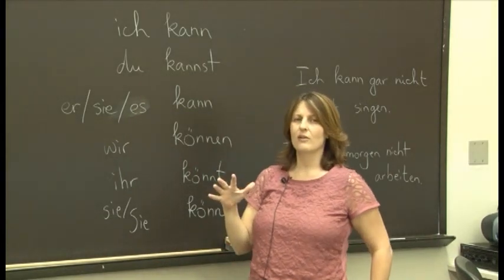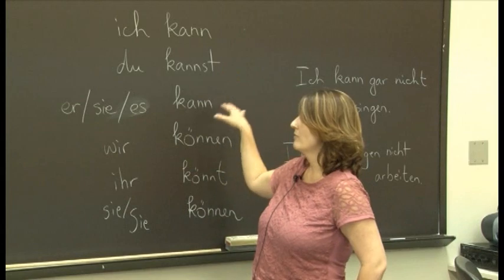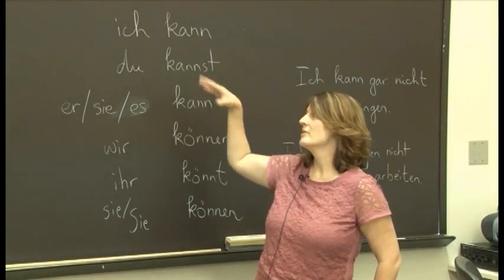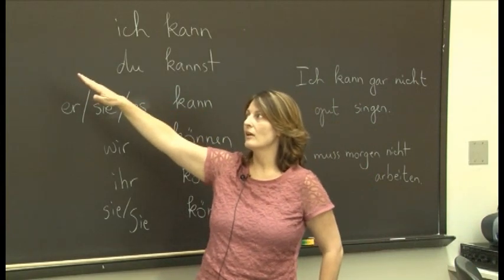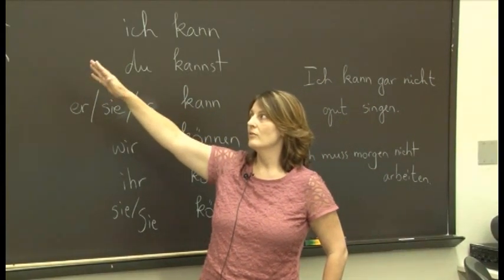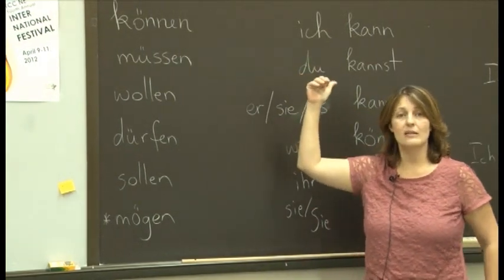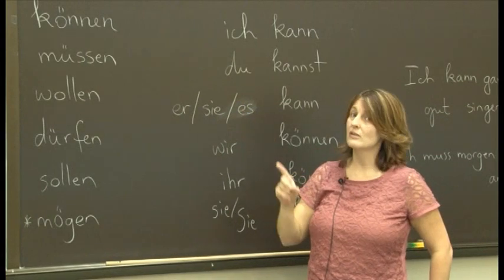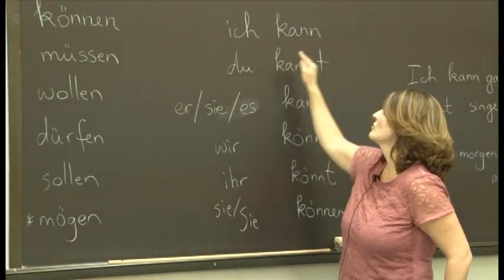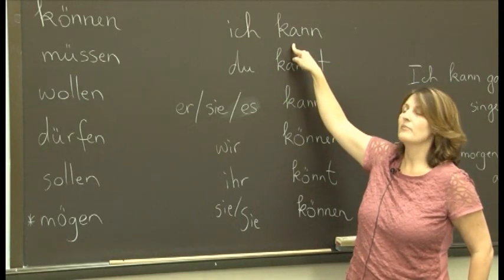So even in English, they're a little irregular, but in German, they're pretty much irregular for all of the singular forms. Normally, we learned to conjugate verbs where you just use the stem and you add an E ending for ich. Ich gehe, ich komme. So this would be ich könne, but it's not. Ich kann. There's no E ending and the vowel is different. Yeah?